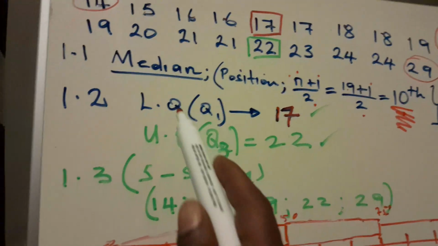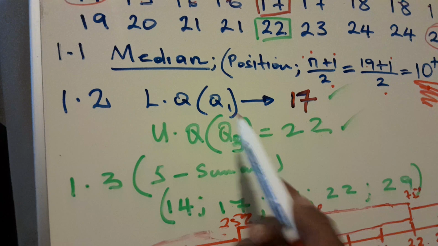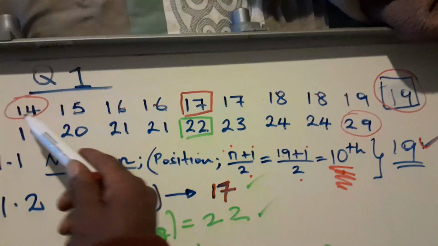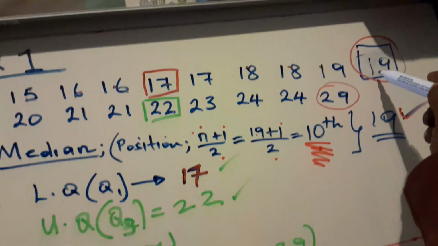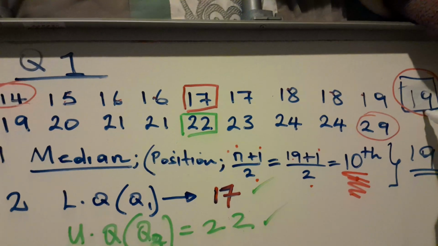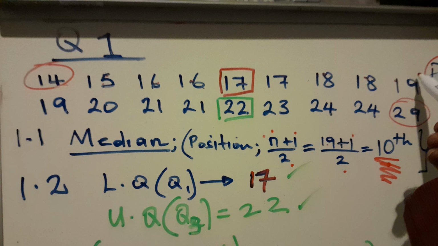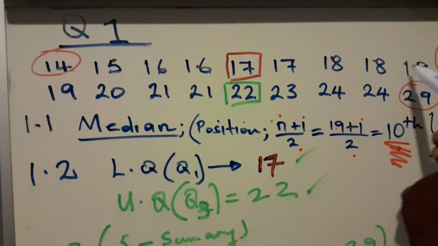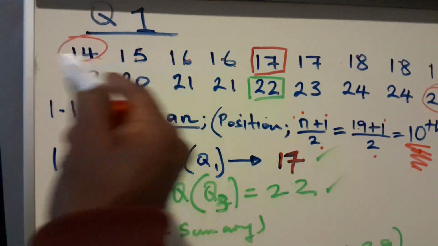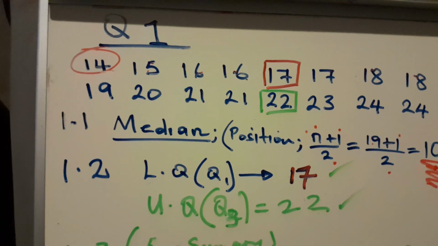Now, going to the question, what is our lower quartile? We have already subdivided our distribution, and the middle one is 19. So the best way to find the lower quartile is the median of the variables on the left hand side, smaller than the median.